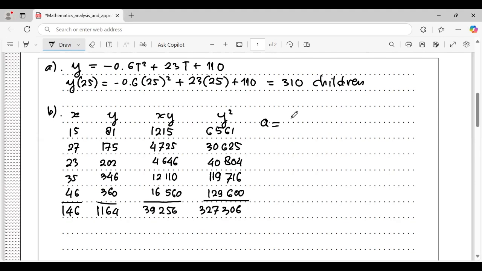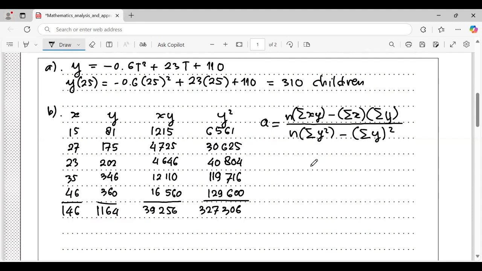The formula for A is n times sigma xy minus sigma x times sigma y, divided by n times sigma y squared minus sigma y, squared. N is 1, 2, 3, 4, 5, so 5.